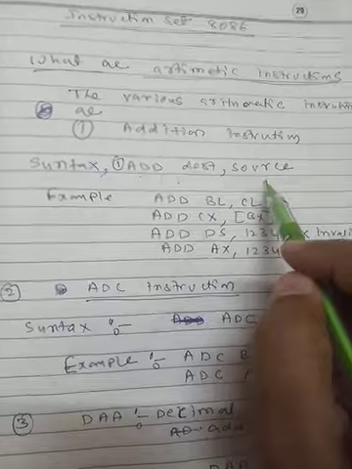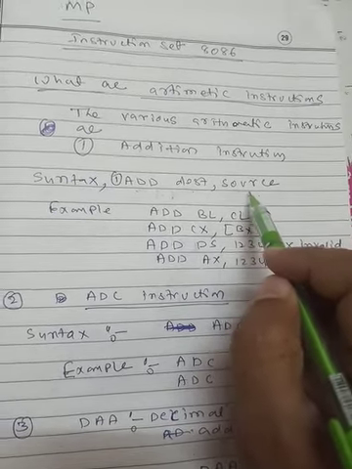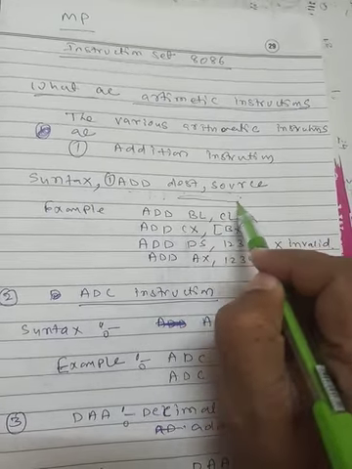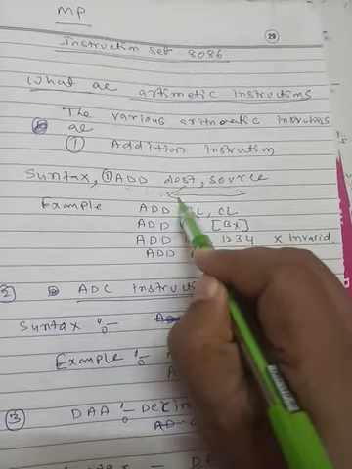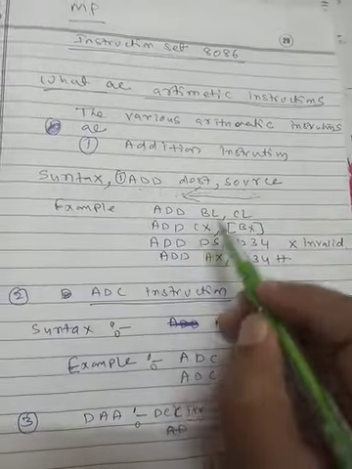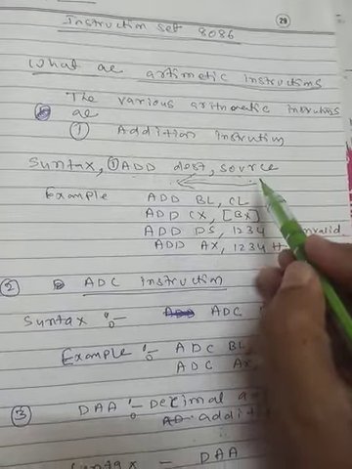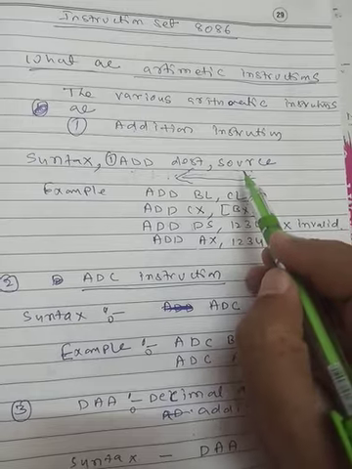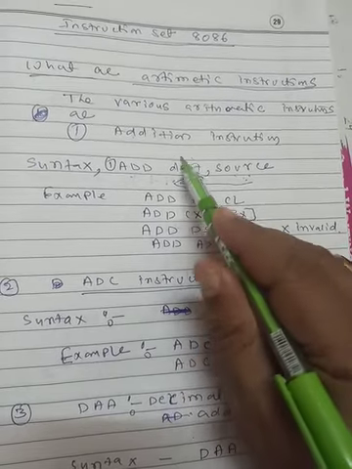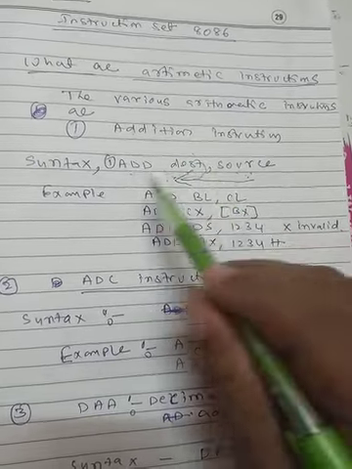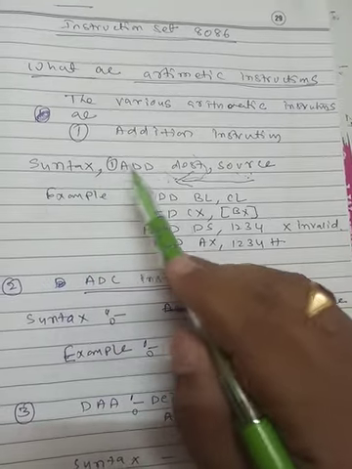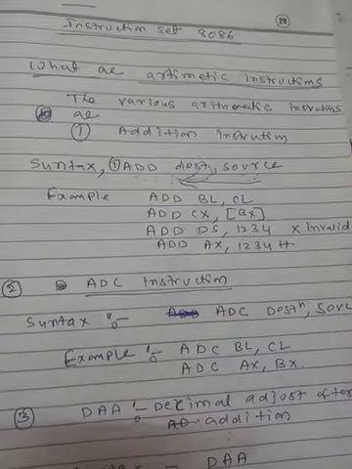Already we discussed that the data is always moving from source towards the destination. There are two contents, one in the source and one in the destination, and the contents are added and the result is always stored in the destination. So that is the syntax of the ADD. So that is the addition instruction.